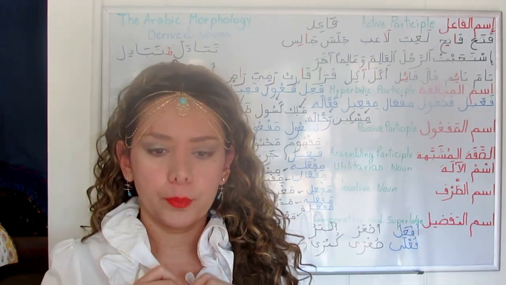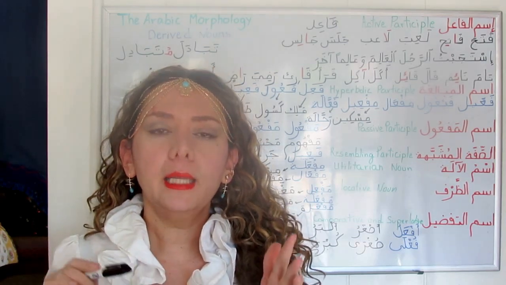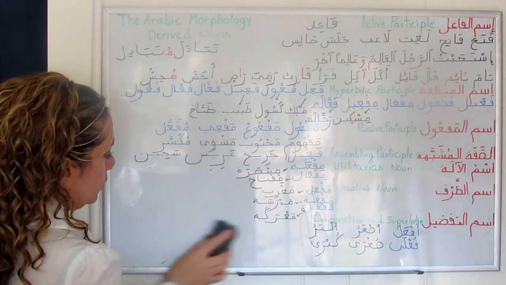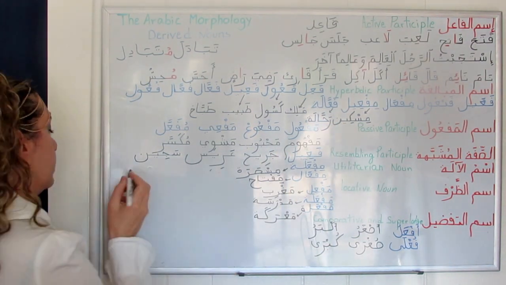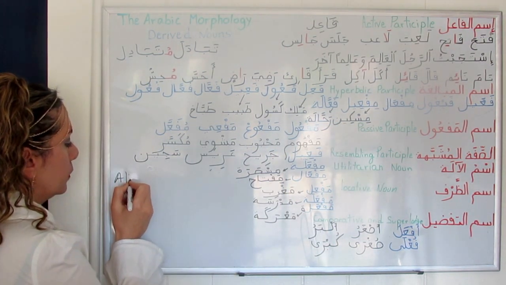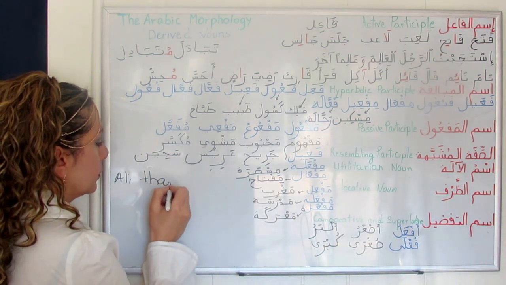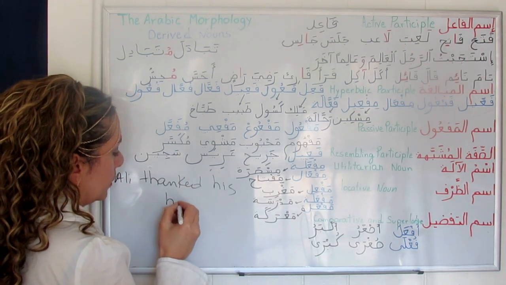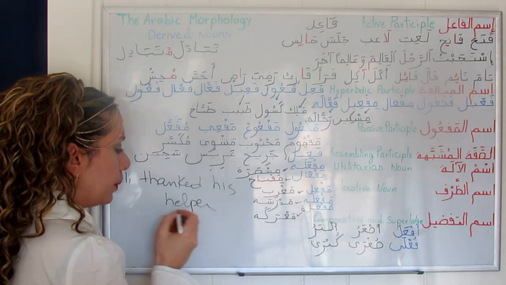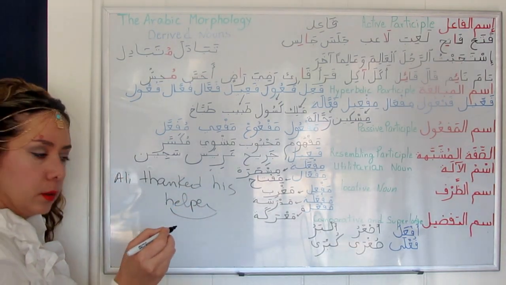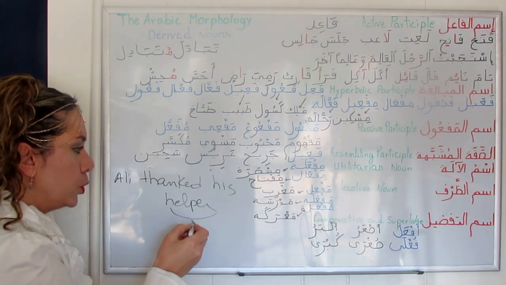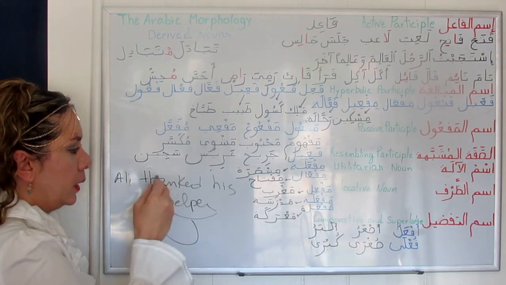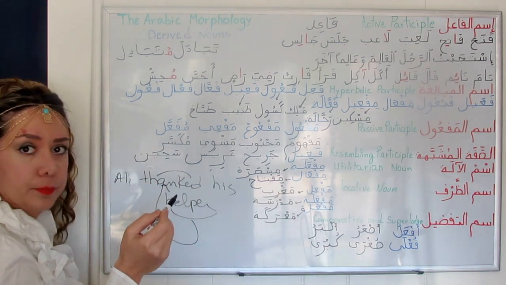For example, we say, Ali thanked his helper. Helper is a doer, but it's not doing the action of the verb. Ali is doing the thanking action.